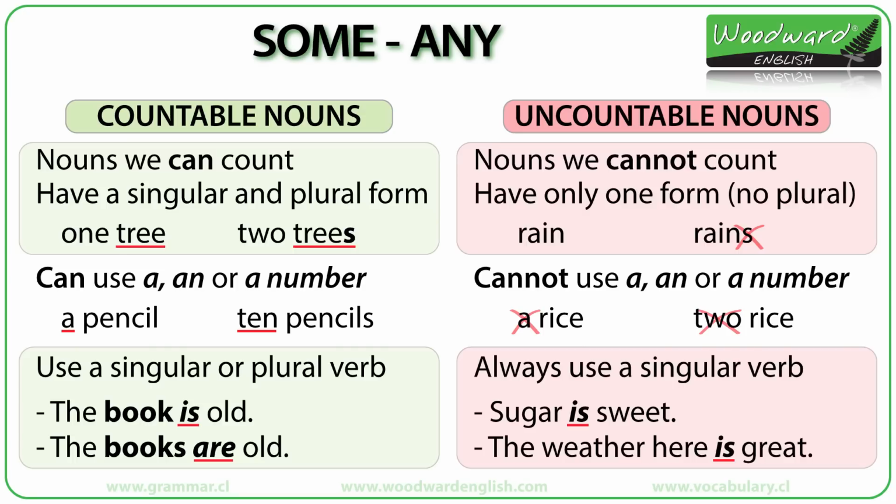Nouns that you cannot count, such as rain or love, these are known as uncountable nouns. You cannot say 1 rain or 2 rains, so the word rain is an uncountable noun. See our video about countable and uncountable nouns for more details and examples.